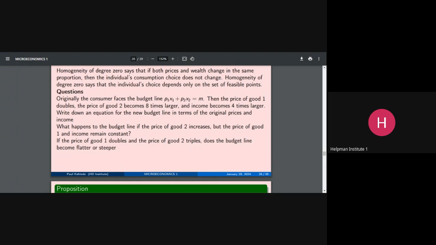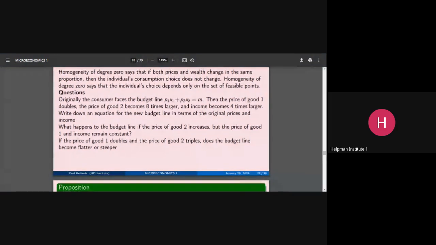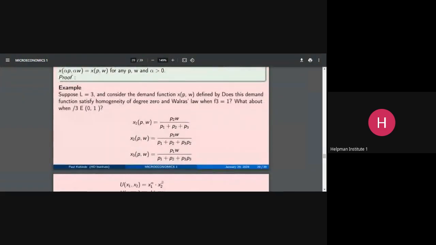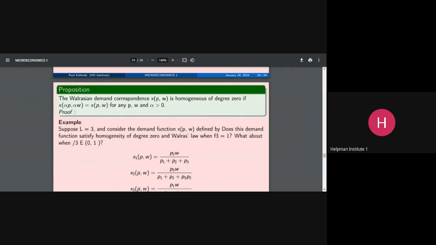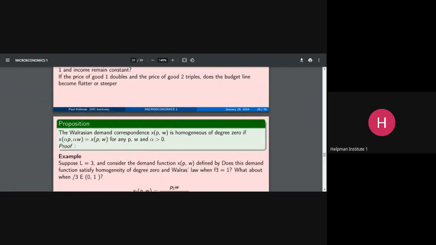flattened slope. So now to the other question, we have a proposition from the definition of homogeneity of demand correspondence.